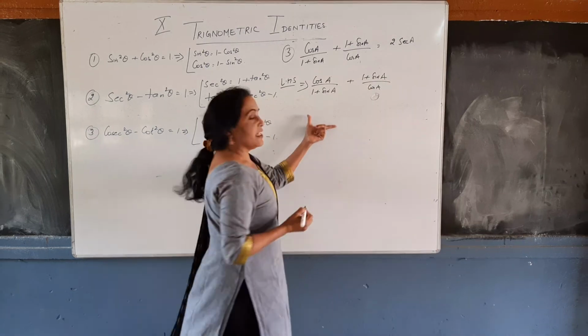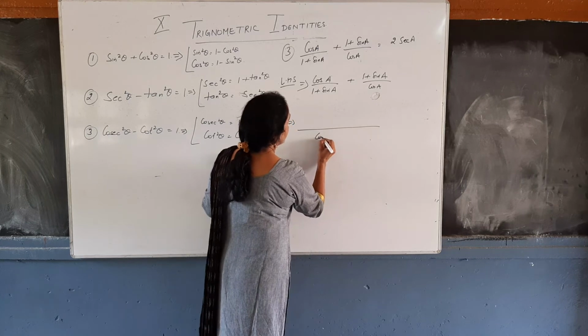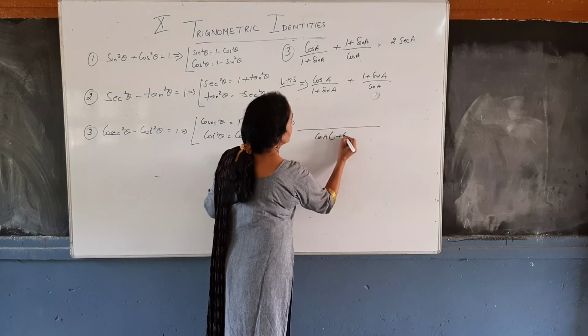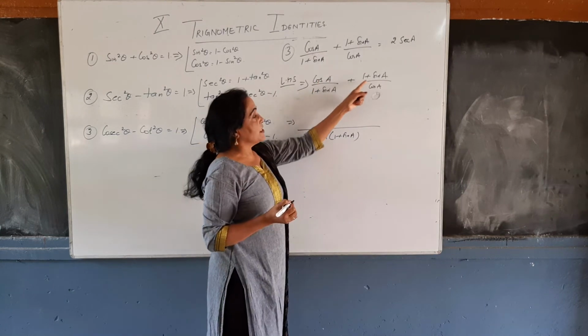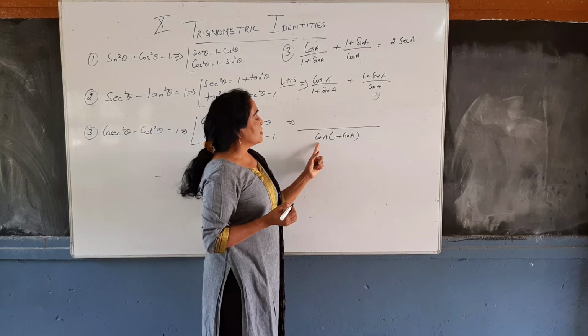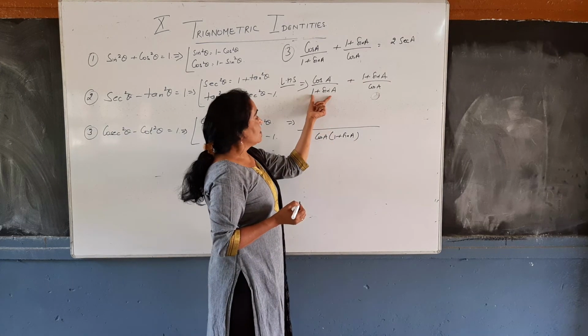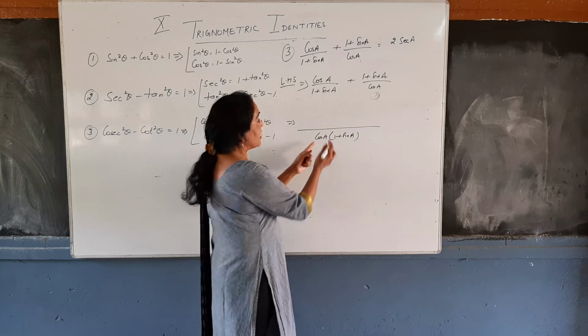What we will do? We will take the LCM. So LCM is here cos A into 1 plus sin A. So this 1 plus sin A cancels 1 plus sin A, remaining is cos A, that will multiply here.